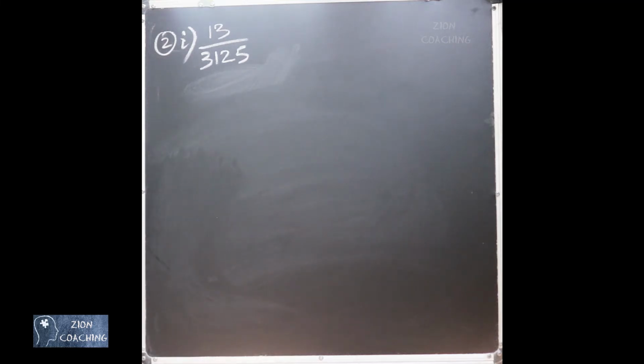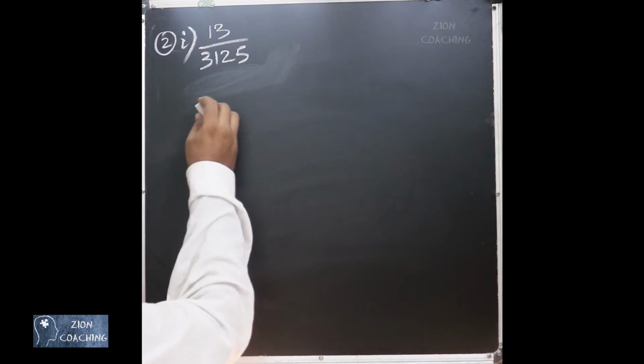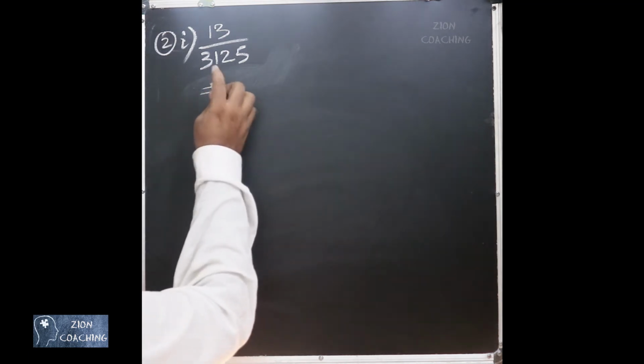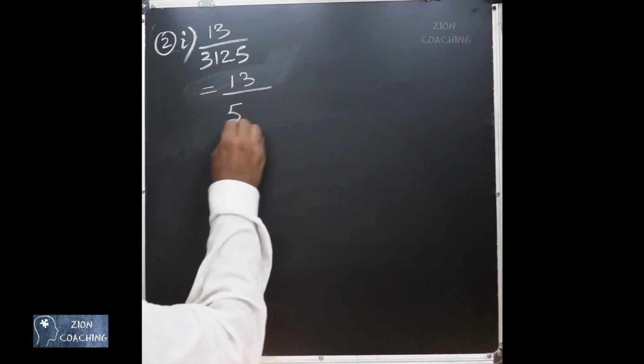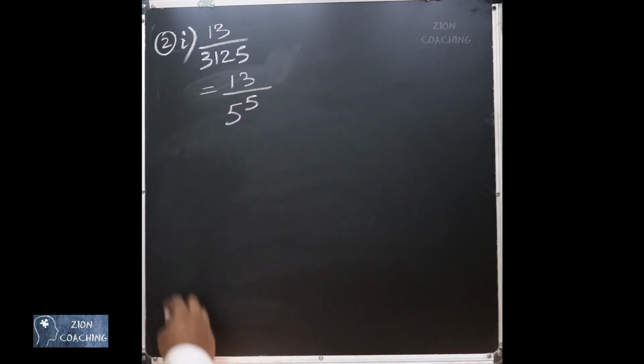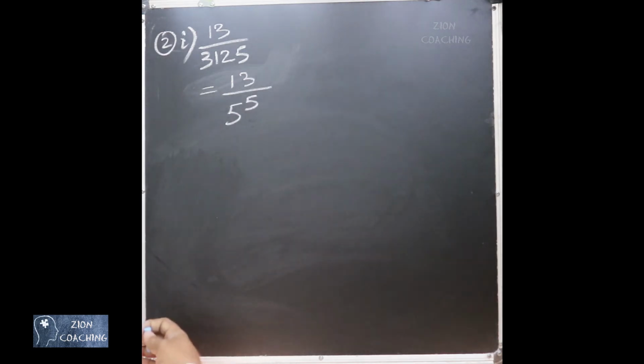The first subdivision is 13 by 3125. We already found that it has a terminating decimal expansion, and that this is equal to 13 by 5 power 5. Now to find the decimal expansion, it is easy to divide by powers of 10. If you divide a number by 10, 100, 1000, 10,000, it is always easier to find the answer.